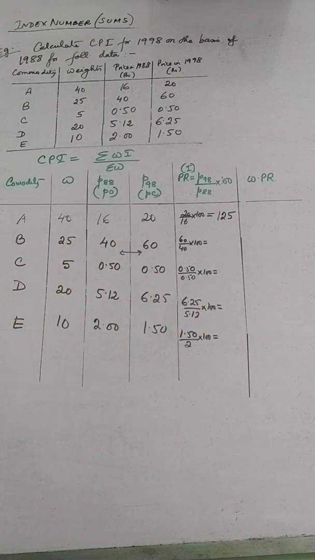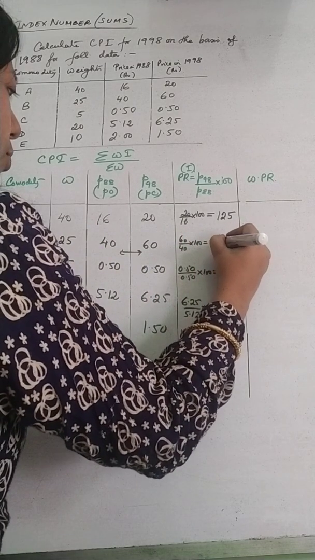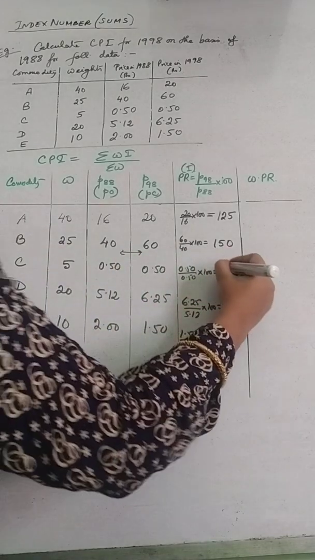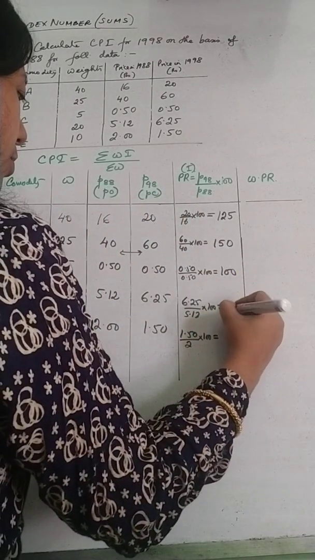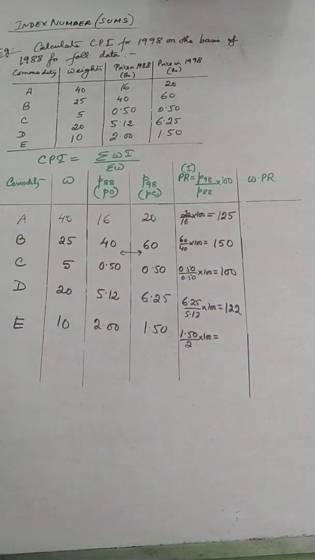So what are the values? 60 by 40 into 100 will give you 150. This is 1, so it's becoming 100. This is going to be 122 if I'm not wrong. Little more than 122 it will be.